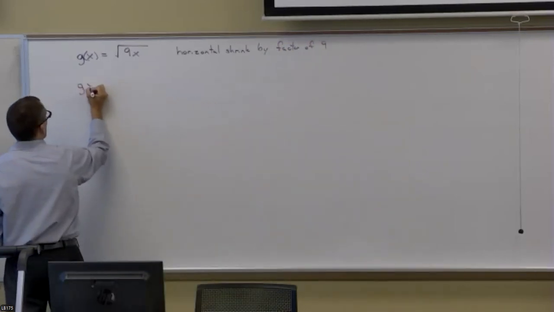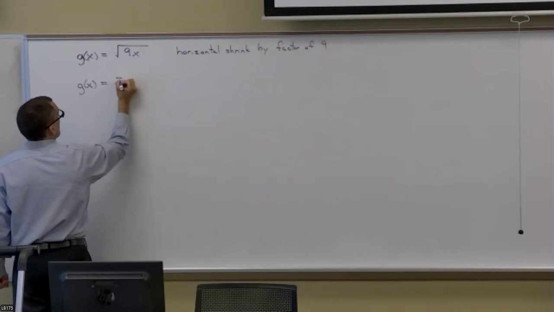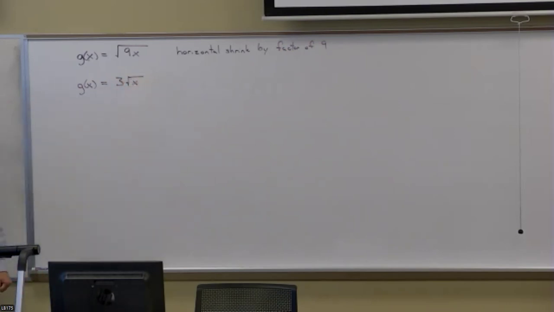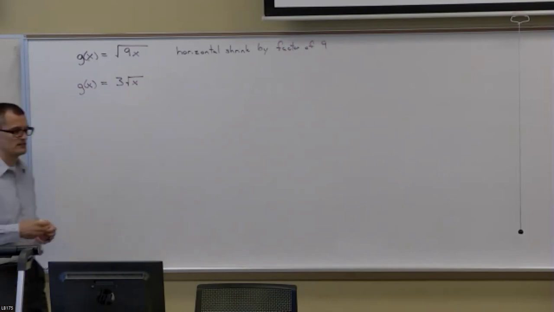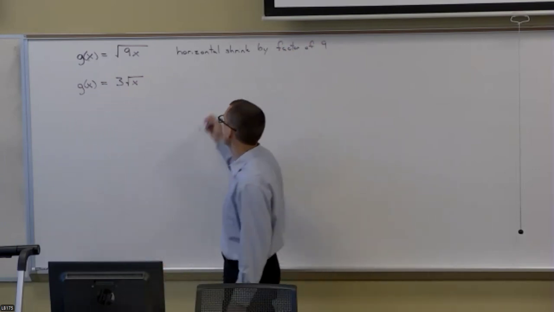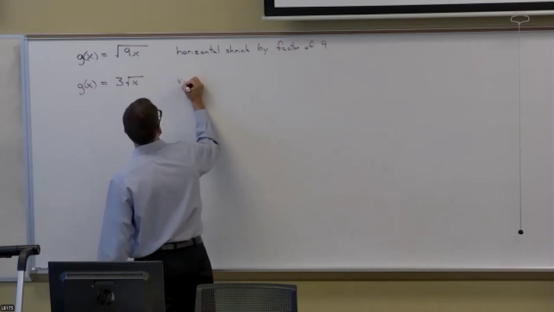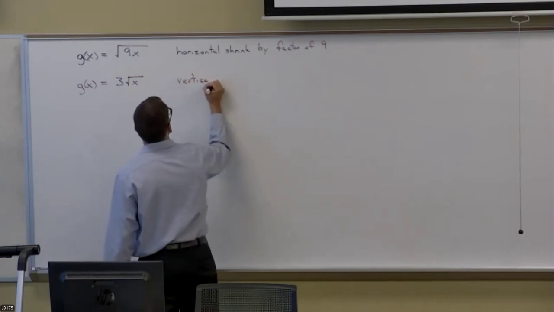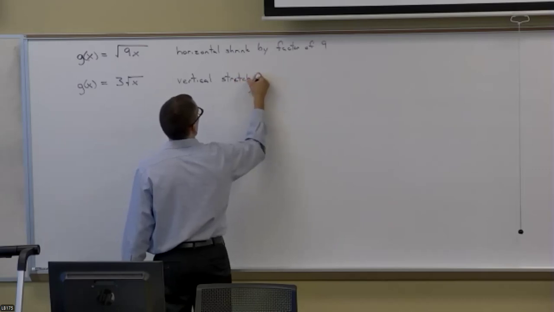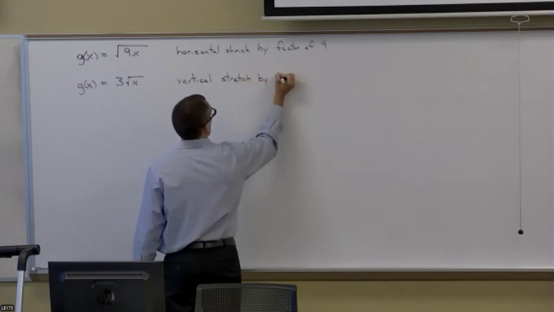We should all know that the square root of 9 is just 3. So that can also be written as 3 times square root of x. That's it, algebraically. But doesn't that make it vertical? By how much? 3. Yeah, this is a vertical stretch by a factor of 3.